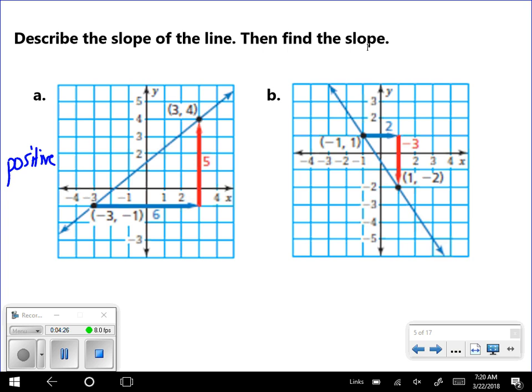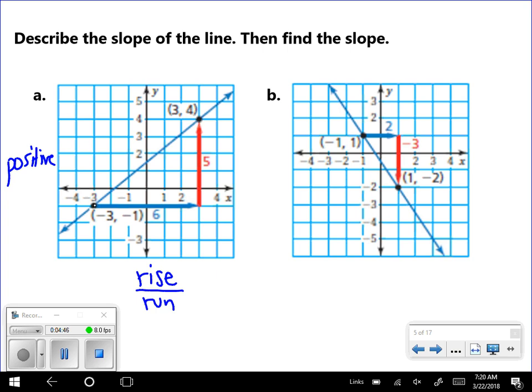Remember, now we're looking for the rise over the run. When we have a picture, we don't necessarily need to work with the points as much as we just need to look at the graph and figure out how much we went up to this point.